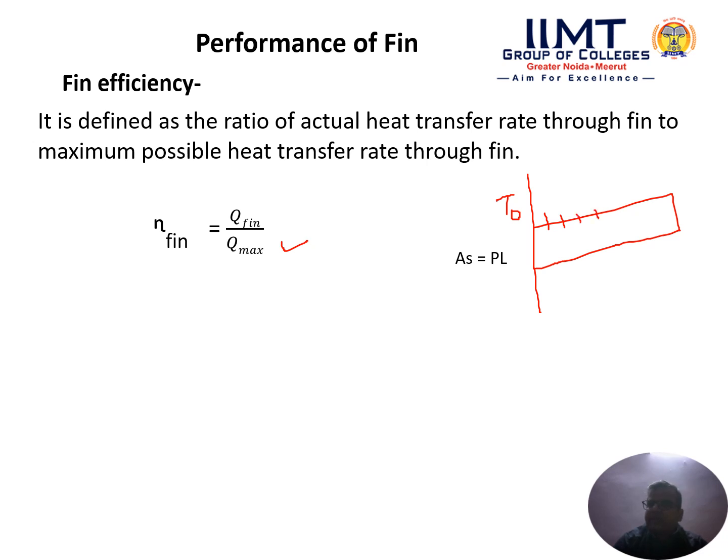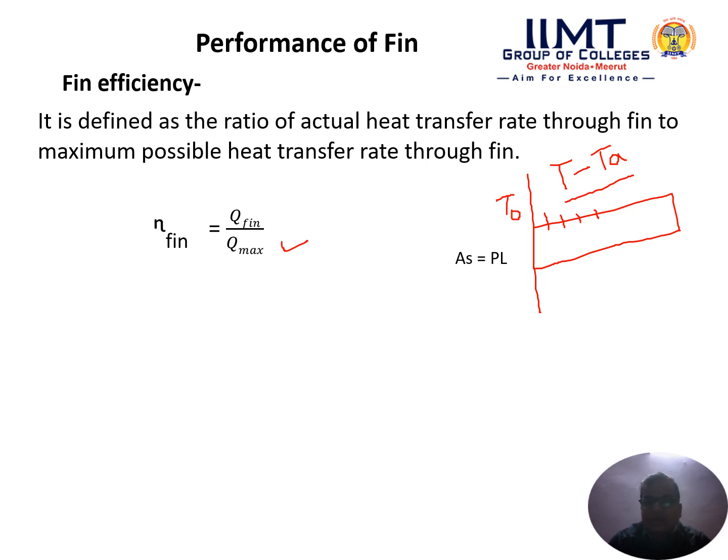That is why the value of T minus Ta also gradually decreases, because the value of T decreases. So the heat transfer rate decreases as we move outward, because T minus Ta decreases.